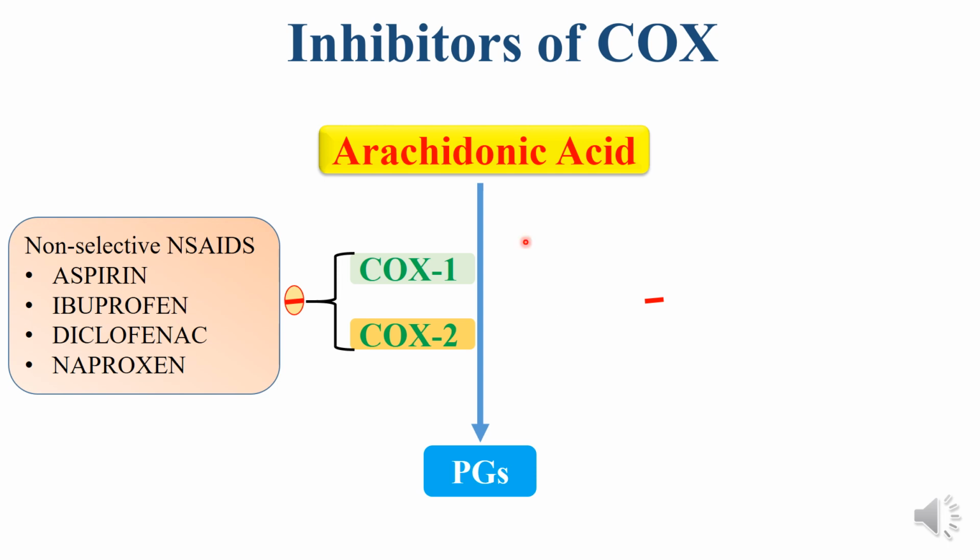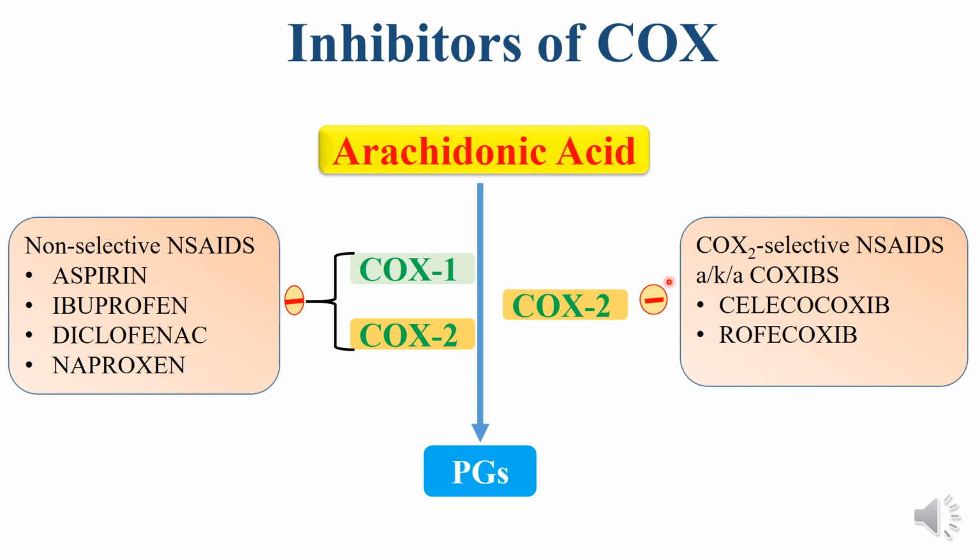Both these enzymes are commonly inhibited by non-selective NSAIDs, which include aspirin, ibuprofen, diclofenac, and naproxen as some examples. The selective inhibitors for COX-2 are known as the COX-2 selective NSAIDs, also known as COXIBs. The examples are celecoxib and rofecoxib.